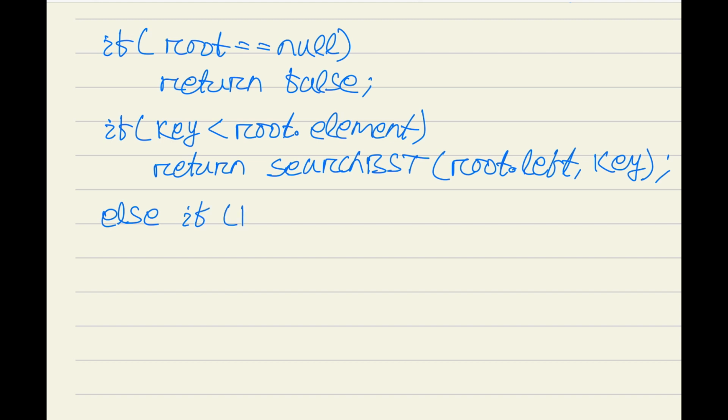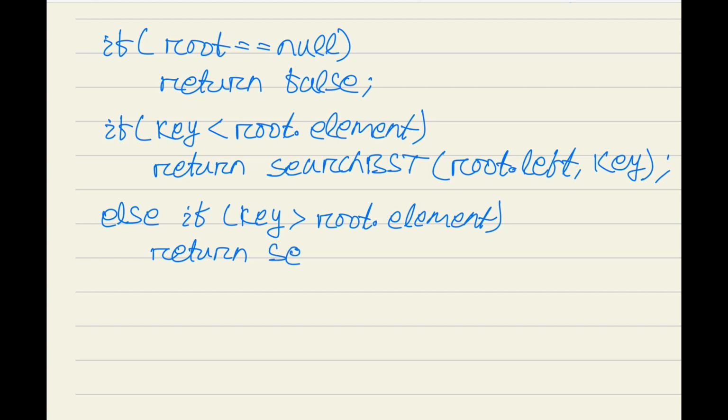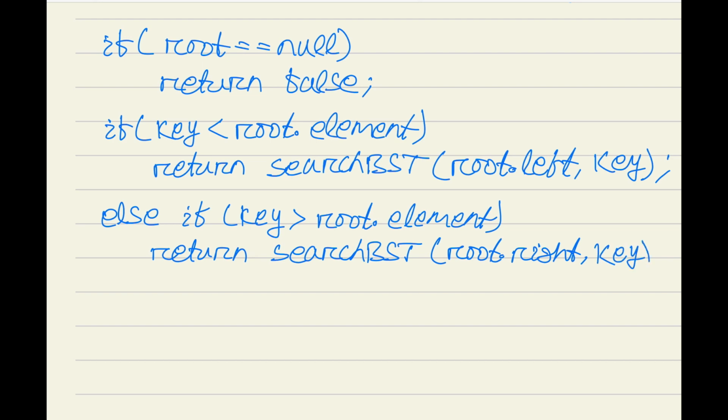Else if key is greater than root dot element, then we can return the search bst method, calling it recursively on the right subtree. So root dot right, then key.